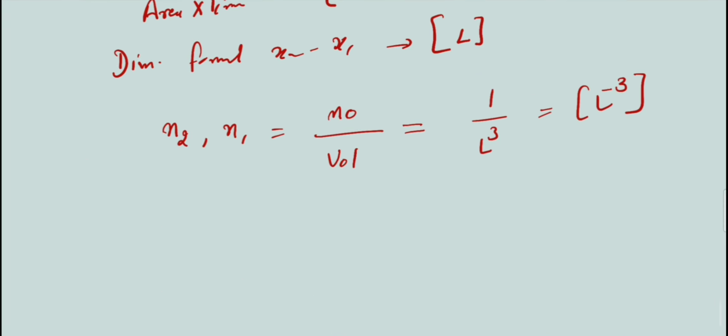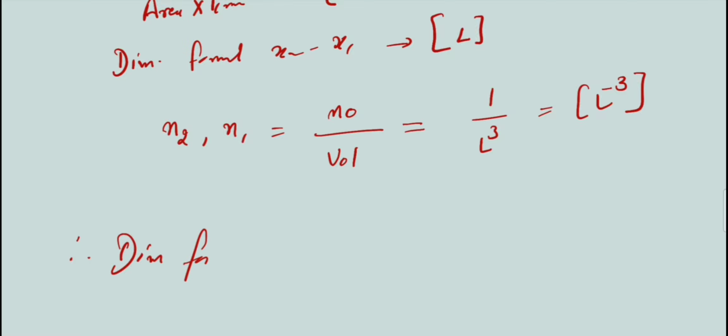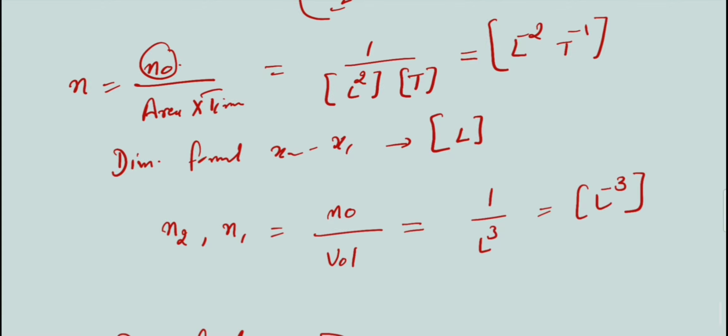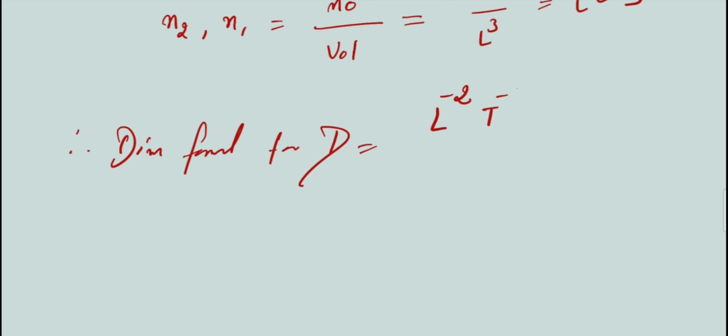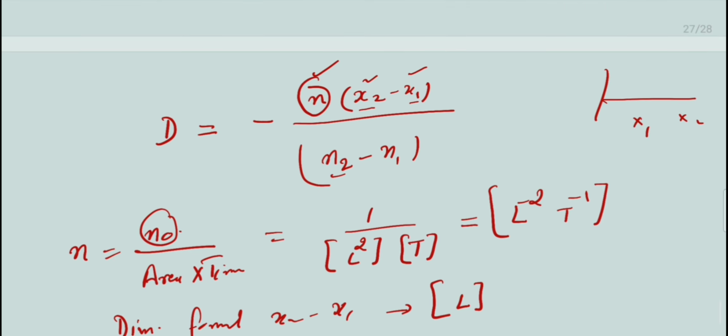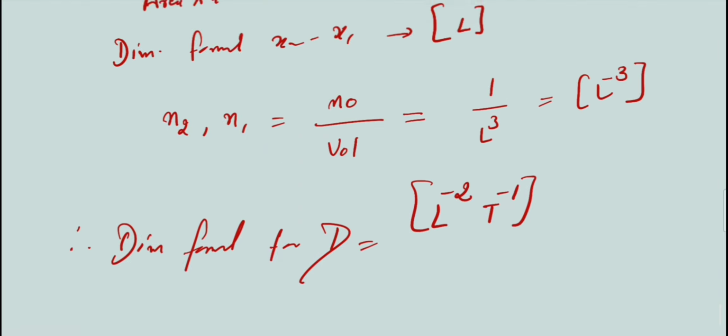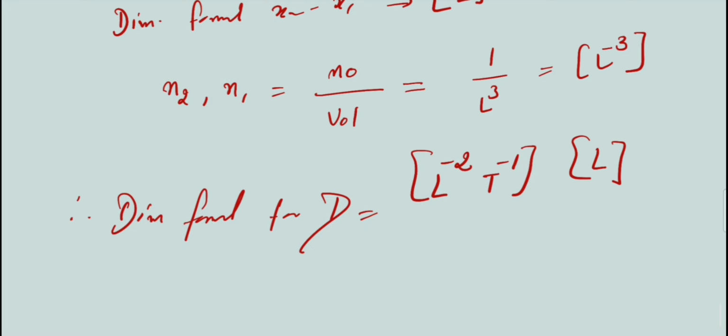So therefore the dimensional formula for D is equal to: for n, L raised to power minus 2 T raised to power minus 1, and for x2 minus x1 — always remember that we only subtract or add physical quantities having the same units — so the dimensional formula for x2 minus x1 is the dimensional formula of length, so we'll put here L. Similarly for n2 minus n1, the dimensional formula will be L raised to power minus 3.